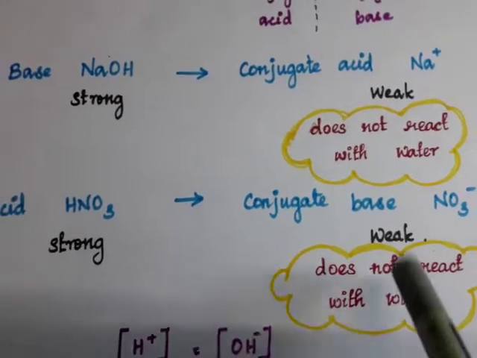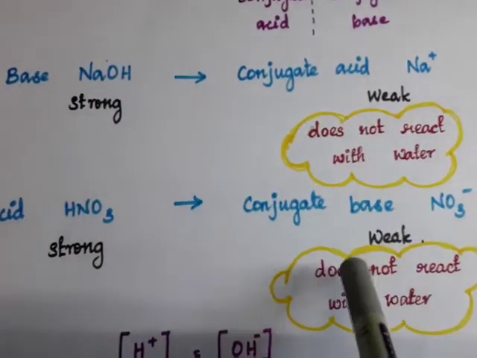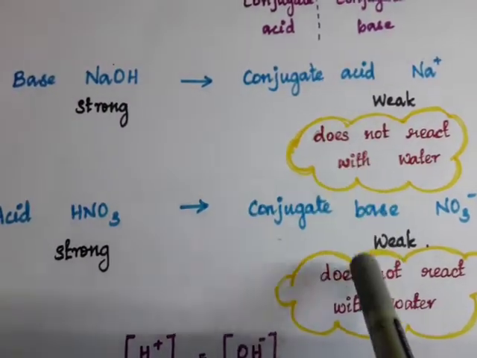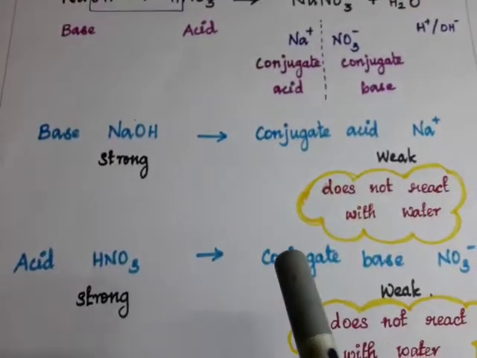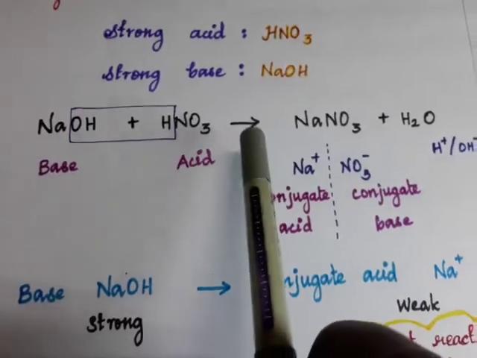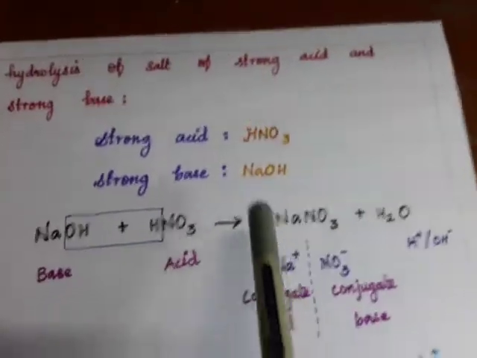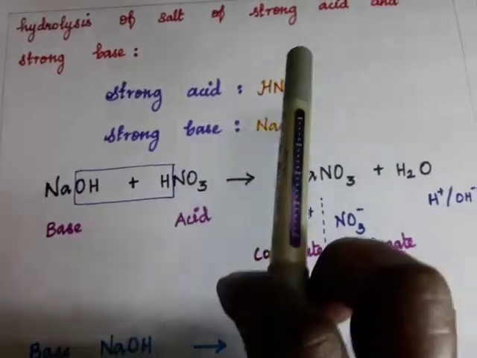So both the conjugate acid and conjugate base are weak, so they won't react with water. So no reverse reaction is taking place. No salt hydrolysis takes place in strong acid and strong base.